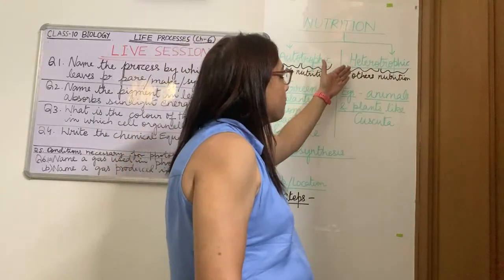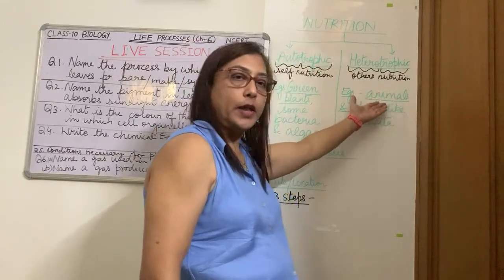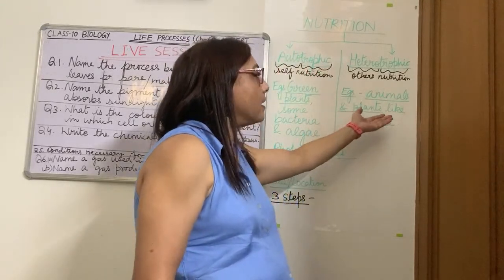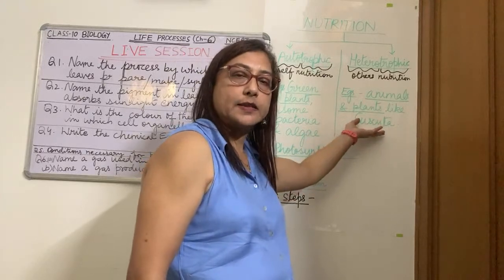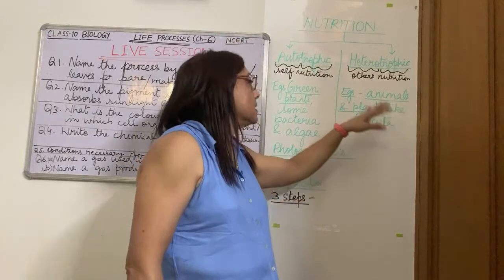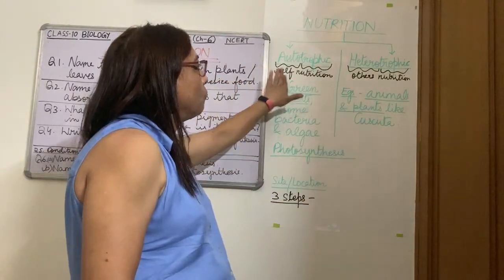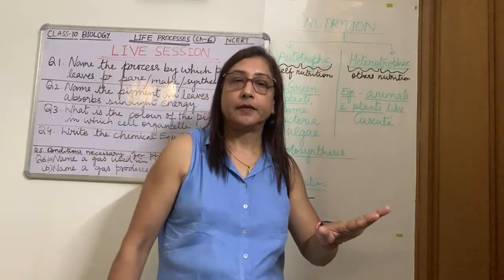The examples of heterotrophic are all the animals, including humans, and certain plants also, like cuscuta. This I have already told in detail in my previous classes. So now we will be focusing on autotrophic. What is autotrophic nutrition, children?